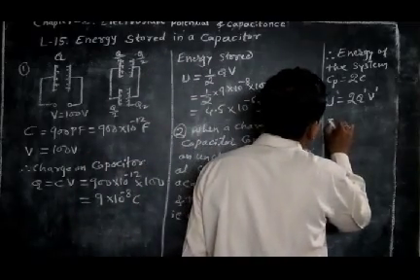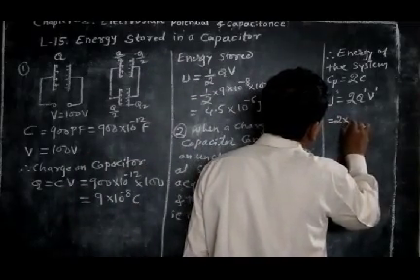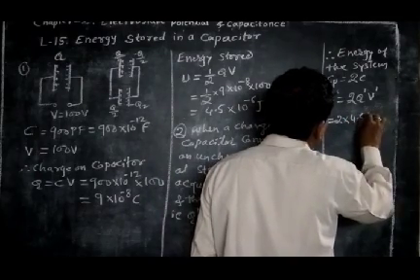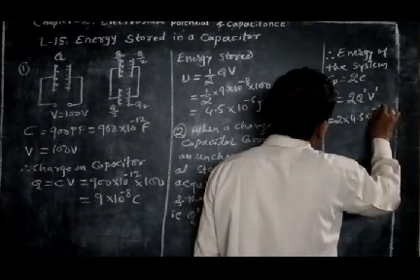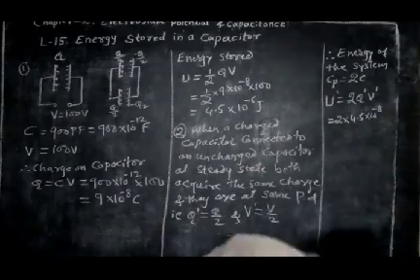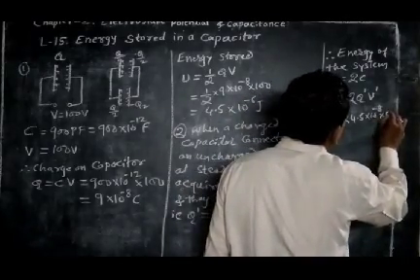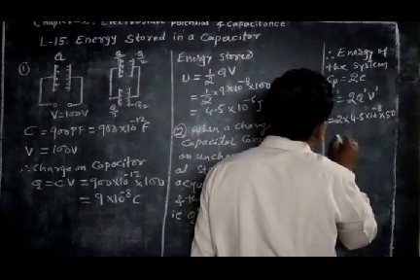That is equal to 2 into 4.5 into 10 raised to minus 8 into phi dash, which is 50 volt.